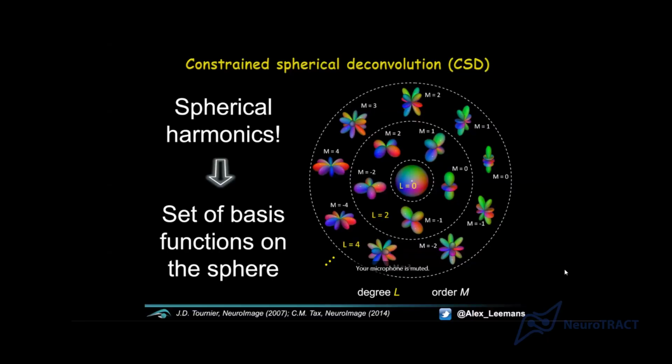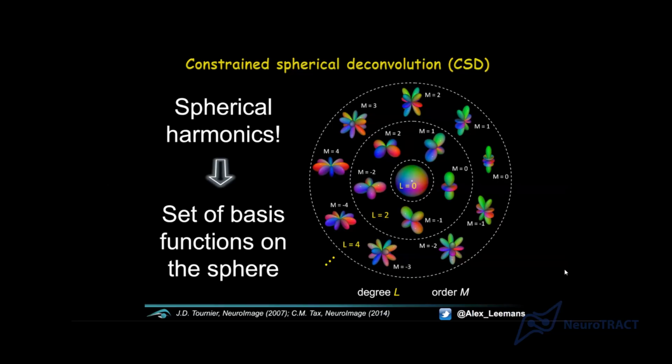What is the response function? Think of it as a diffusion MRI profile of a single fiber population. But if you have multiple orientations, you can then say if I convolve this response function with all the potential orientations, then I get my fiber orientation distribution function.